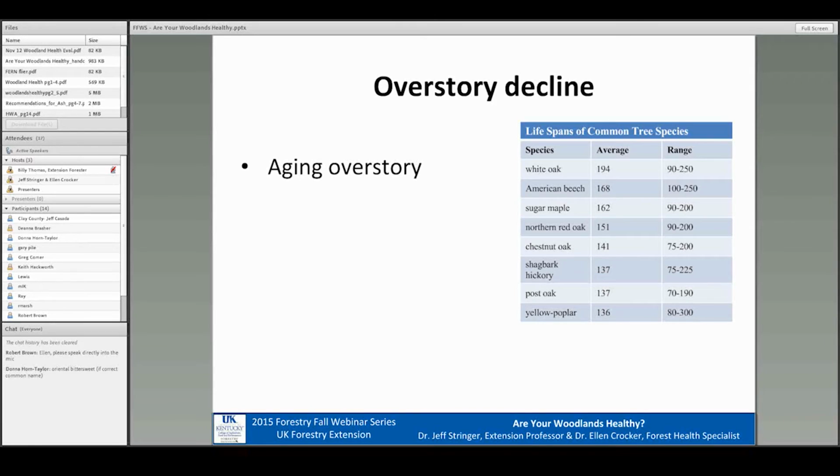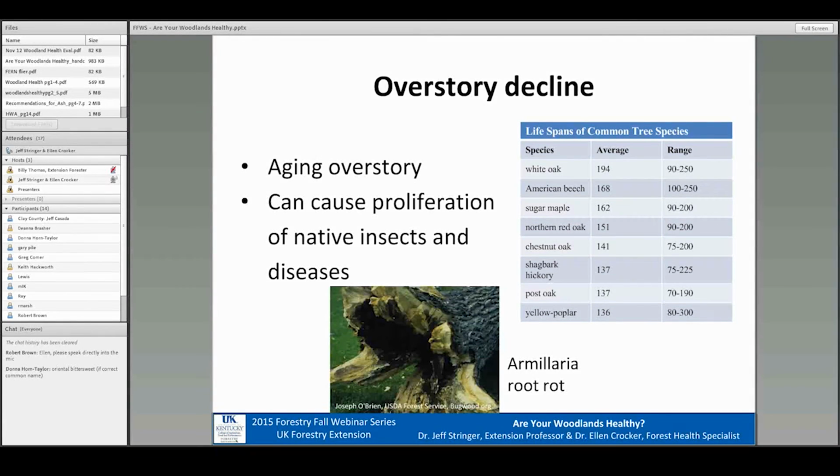However, if you've got an even-age forest, with a lot of trees on the upper end of their lifespan, they could all be declining at the same time, and this could cause proliferation of different native insects and diseases. These are things that are always present in the area and are usually not a big problem unless the tree is already weakened in some way.